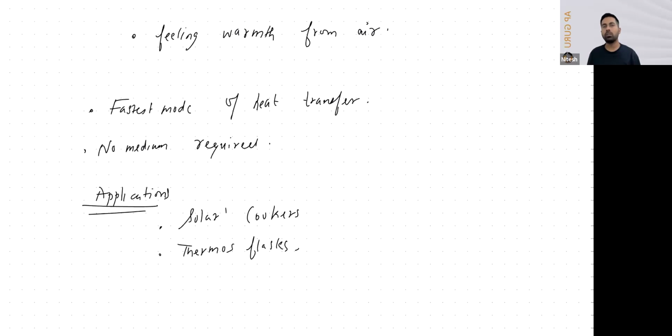One thing is very clear: radiation is at the top. There can be variations between conduction and convection, but mostly convection would be stronger. Is it clear to you? Yes, sir.